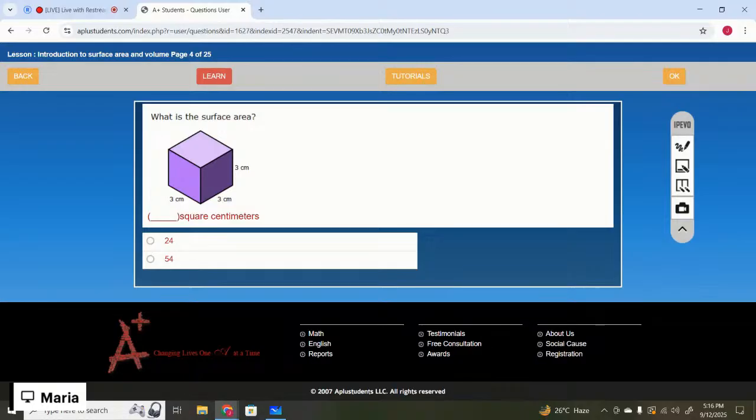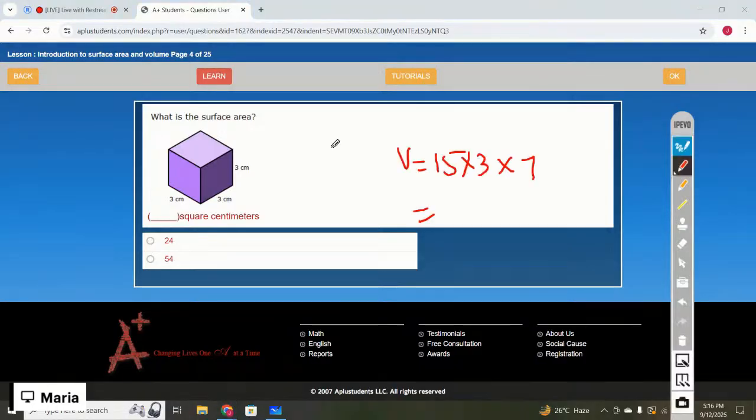What is the surface area? So this is a cube. That is 3 times 3 is 9. This is the area of one face, right? So the cube has all 6 faces with the same measurement.